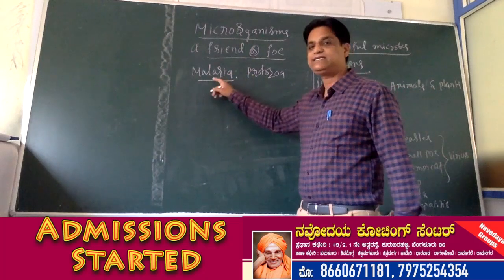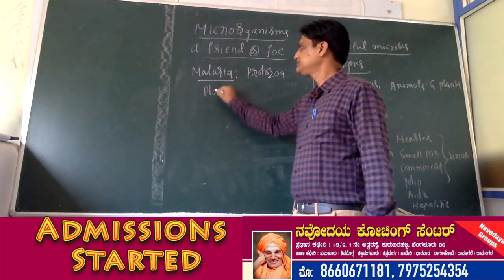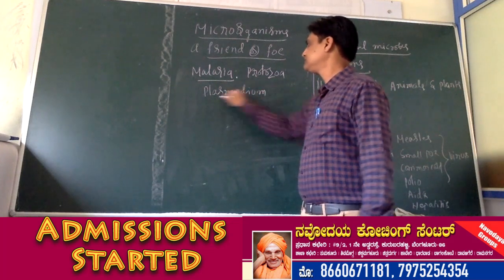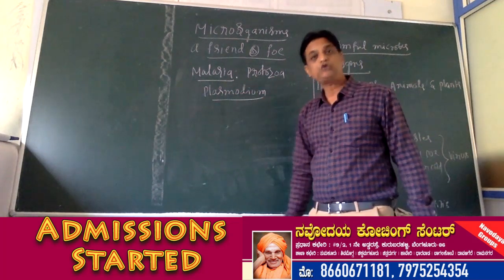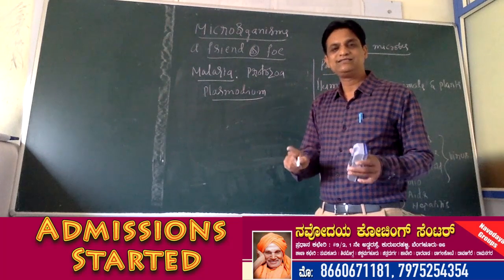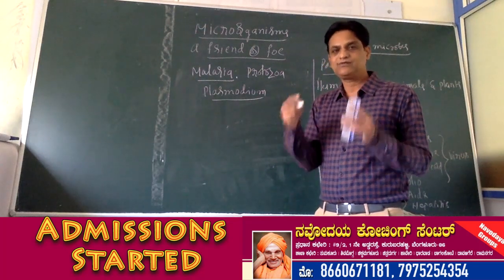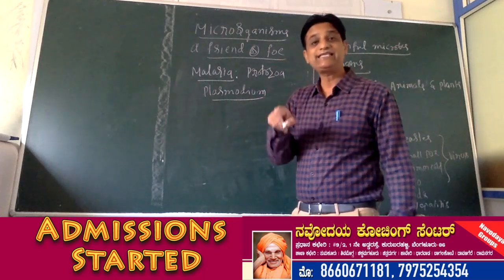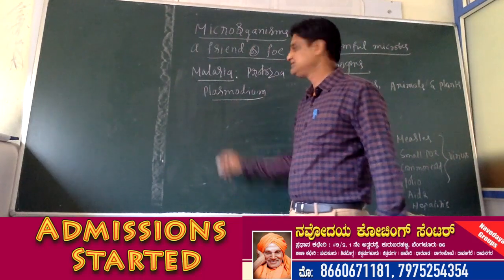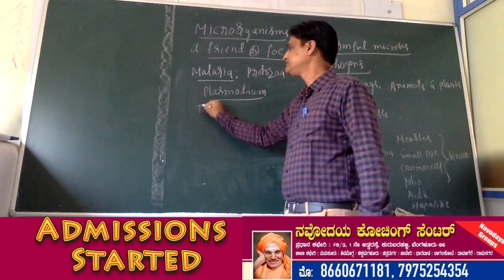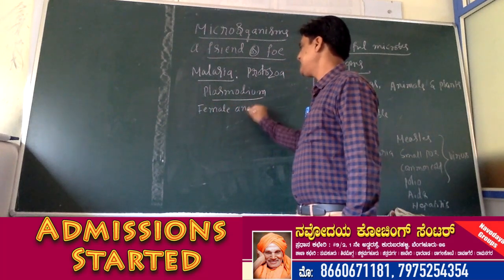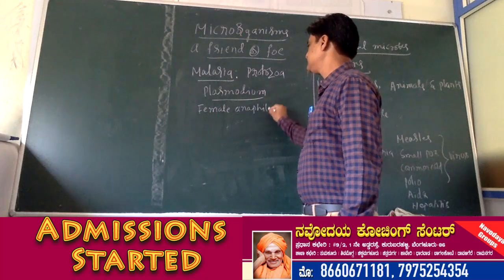So malaria is caused by Plasmodium, which is a protozoan. But it is transmitted from an infected person to a healthy person through an insect. So which is that insect? That insect is the female Anopheles mosquito.